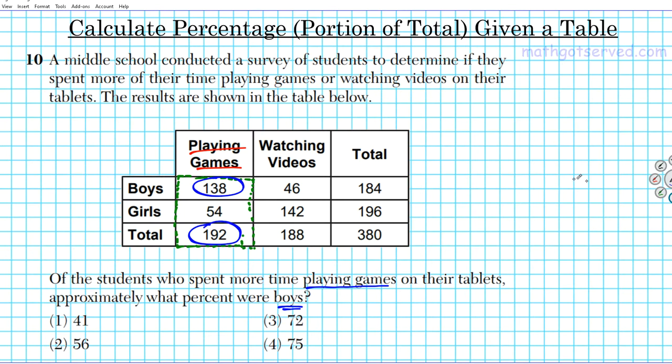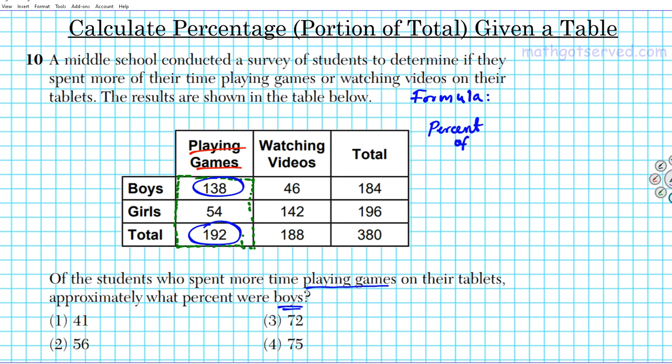In order for us to solve this problem, let's write down the formula that can help us to calculate the percent of a portion of a total. The formula is as follows.